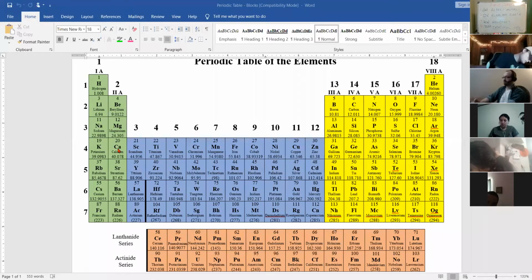Everybody clear on that? You should put a box around that with stars. What determines the element to which a given atom belongs? The number of protons that it contains.